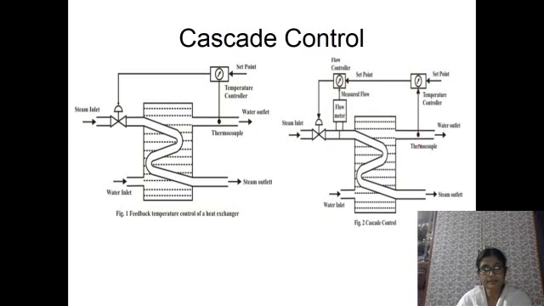What is the requirement? Just think about the system: the requirement is to measure the temperature of this outlet water flow path. So in a feedback control system, we put here a temperature controller, and what the temperature controller does is compare the measured value with the desired value, and accordingly it adjusts the steam flow rate.